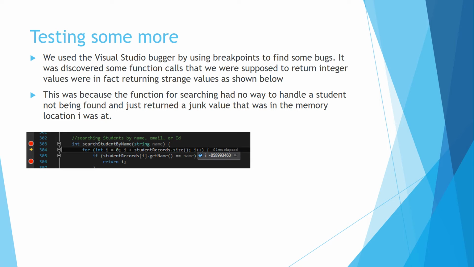And this is probably just because after not being able to search through all the student records and find what it was looking for, there was no way to handle not finding a student, so i was just incremented, and it was just in that memory location, just whatever leftover value was there is probably what it just passed back. And this was giving us crashes, and using the breakpoints in the Visual Studio debugger helped a lot to find this error.